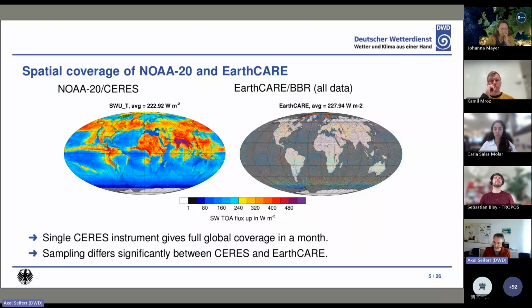We cannot simply ignore these different sampling properties of the data sets.